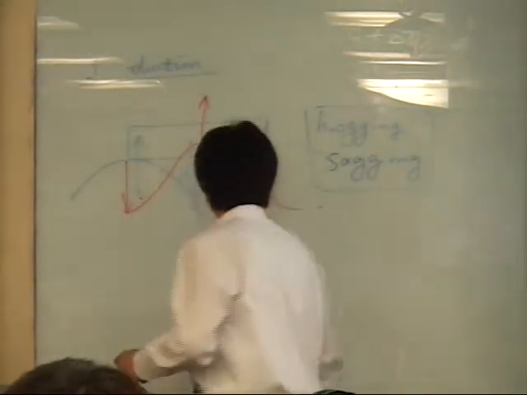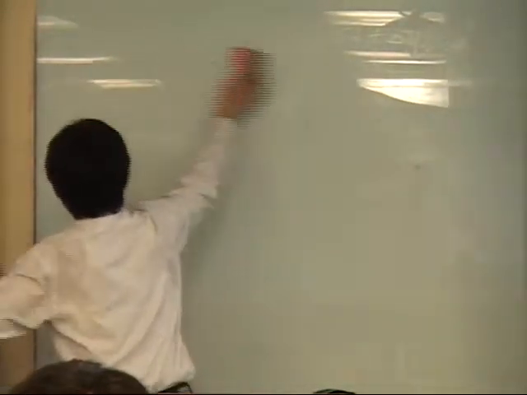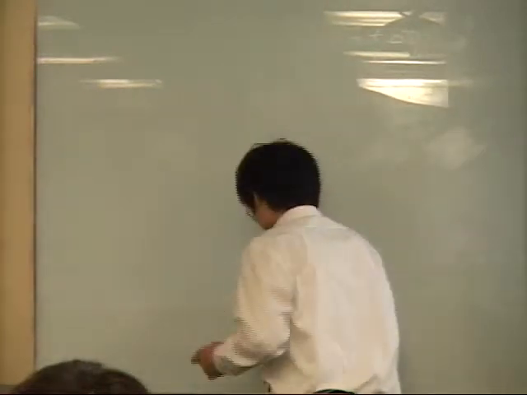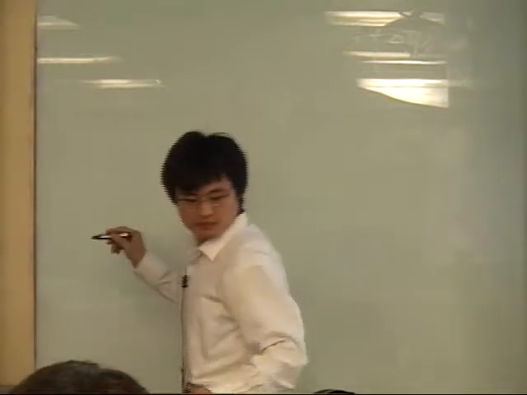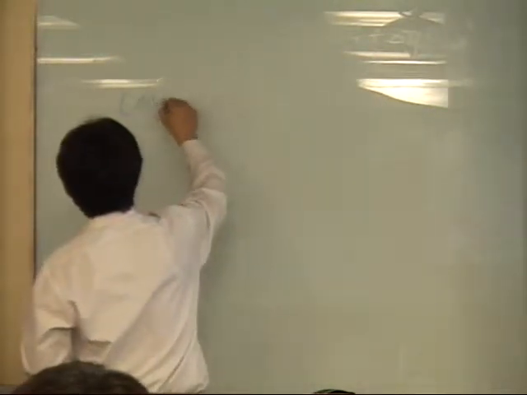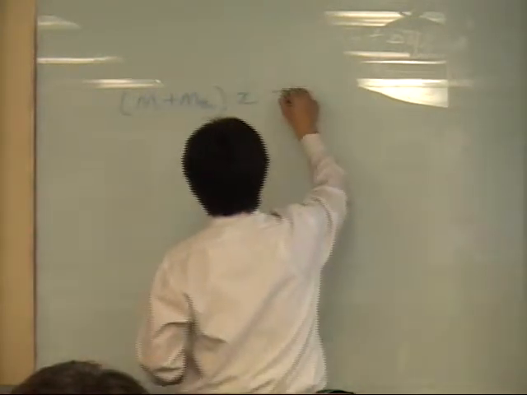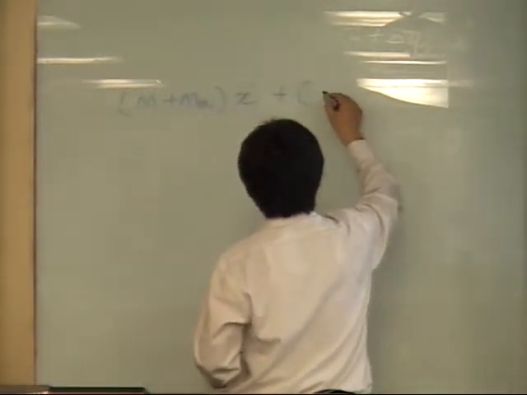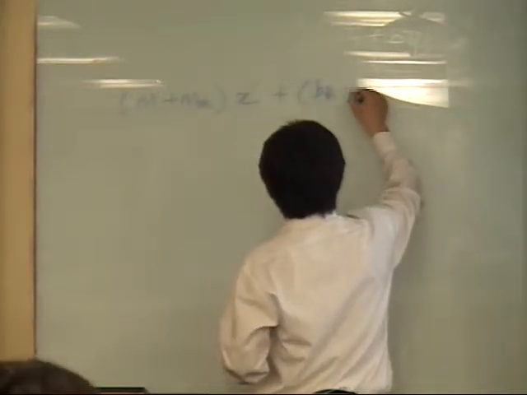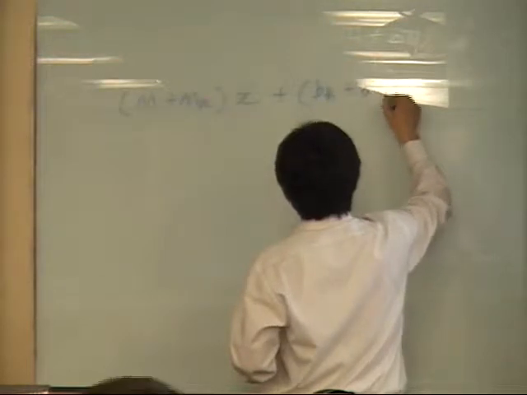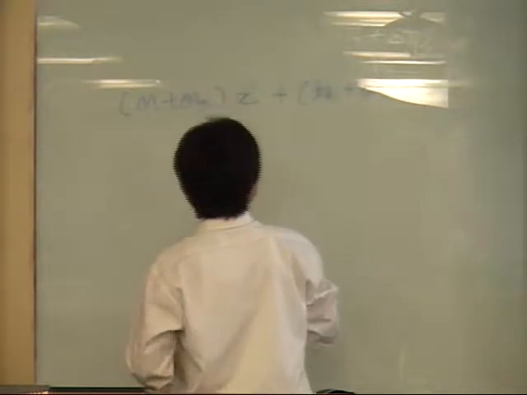And if we recall the equation of motion for seakeeping problems, we have (m plus m_a) x double dot plus B hydro plus B structure x dot, plus K hydro plus K structure x, equals F. Why do I write this so large?